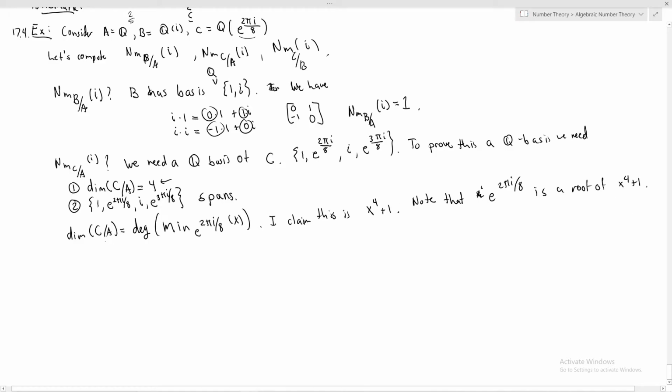Okay, I just need to check this polynomial is irreducible. However, we don't actually have to do any real math to check this is irreducible. This is irreducible because, oh, I guess here's one way to say it.